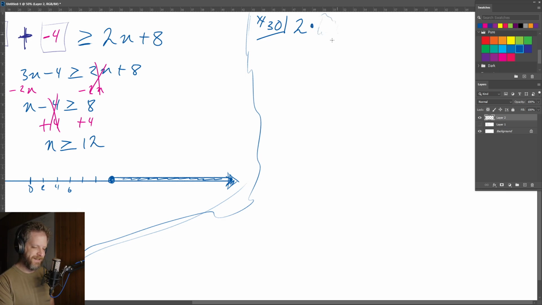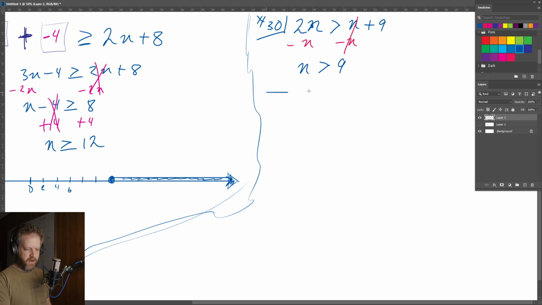What am I going to write here? 2n. And then what should I do? It'd be greater than n plus 9. And then to solve it, what would I do? Subtract n on both sides. That n cancels, leaving us with just n is greater than 9.